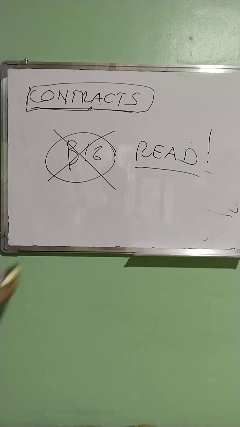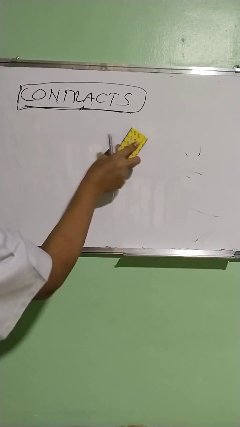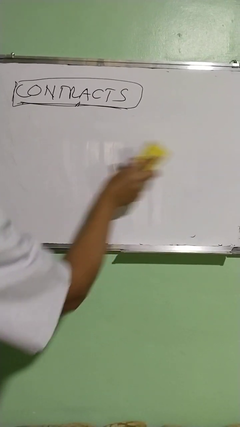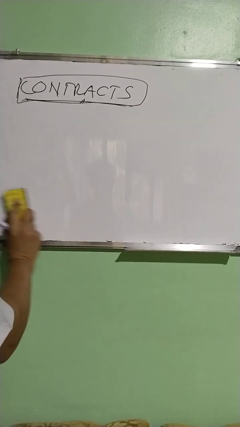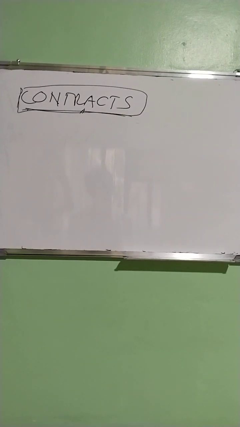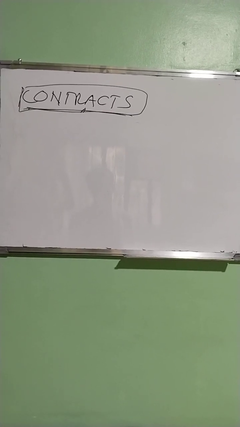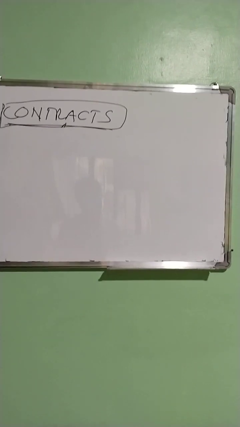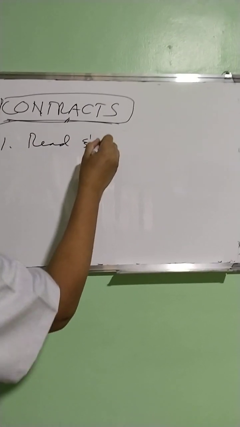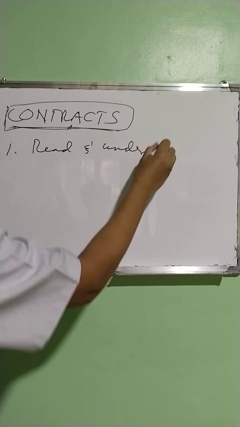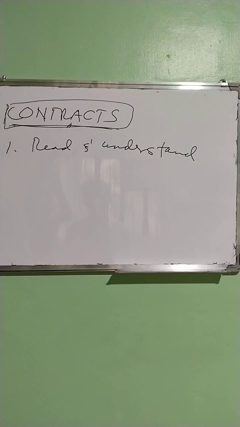Now, I will teach you how, so that you can protect yourself sooner or later. Before you enter into a contract, bear this in mind as guidelines. Remember this: read and understand. The first one is read and understand. So this is the first guideline that you should remember before signing any contract.